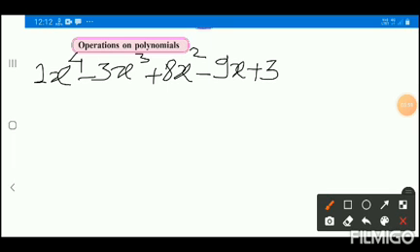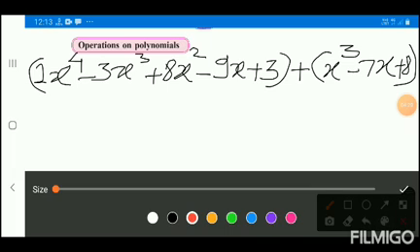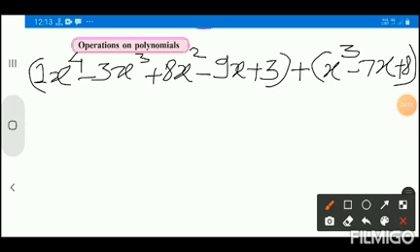This is my first polynomial, and to that you have to add another polynomial, that is x raised to 3 minus 7x plus 8.